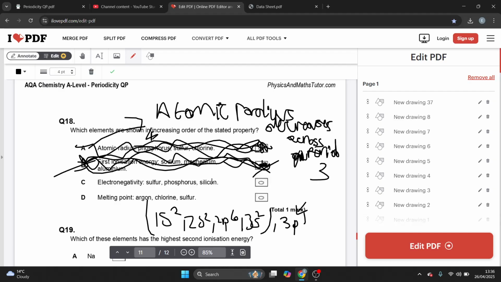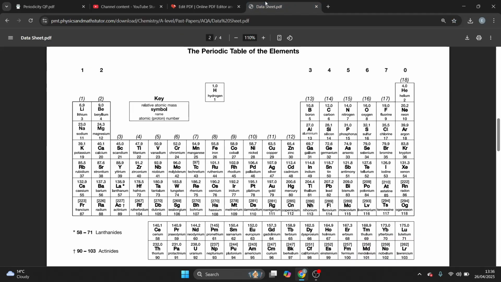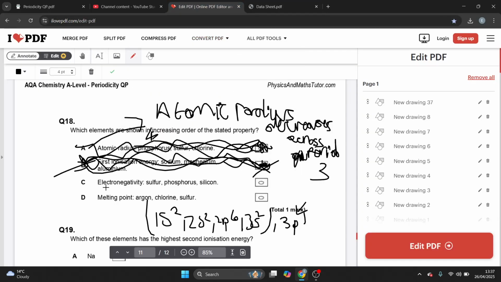And remember, if you have a lot of power, just in general, you can get things quite easily. So the atom can attract a pair of electrons in a covalent bond quite easily. Therefore, it's got high electronegativity. Now, with sulfur, phosphorus, and silicon, well, I know electronegativity increases across the period. So if I'm going backwards, well, then it's going to be decreasing, not increasing. So no. Melting point, it must be melting point.